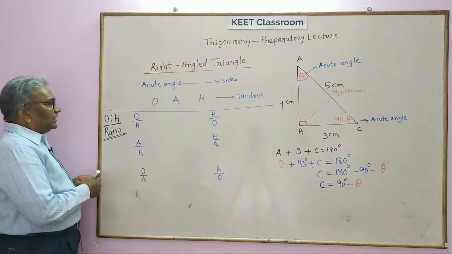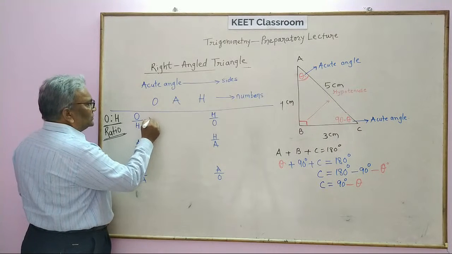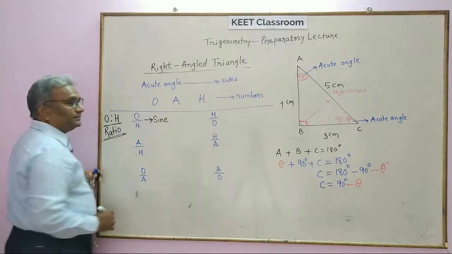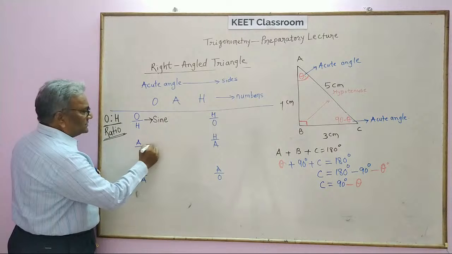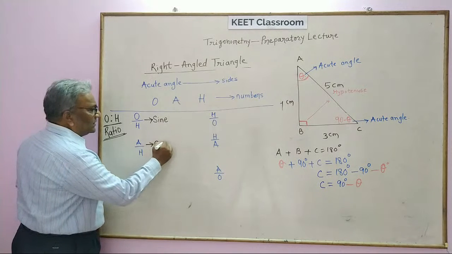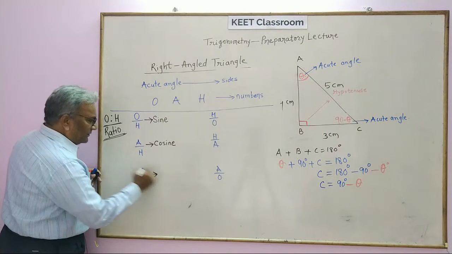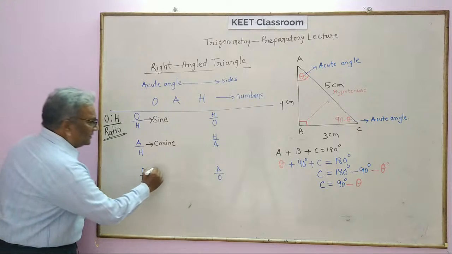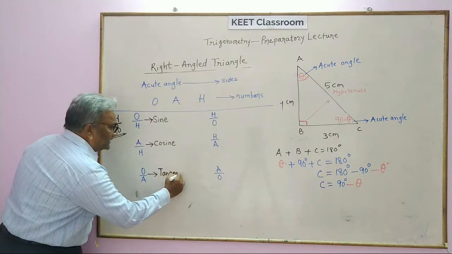If the ratio is opposite upon hypotenuse, this ratio is called as sine ratio. If it is adjacent upon hypotenuse, it is called as cosine ratio. If it is opposite upon adjacent, it is called as tangent ratio.